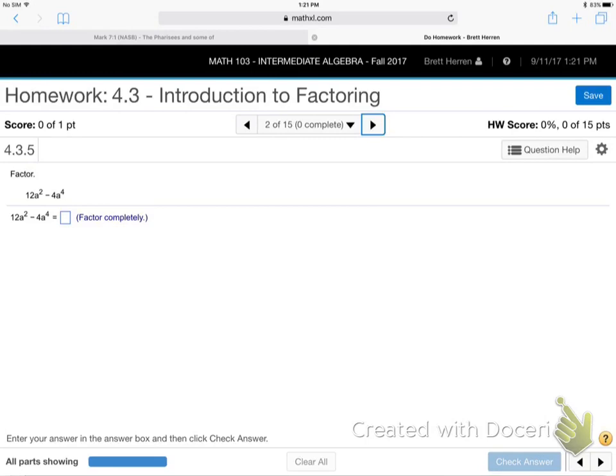Okay, so number 2. So 12a squared minus 4a to the 4th. So try that one. So do the parentheses, put in front whatever is in common, whatever goes into both of those.